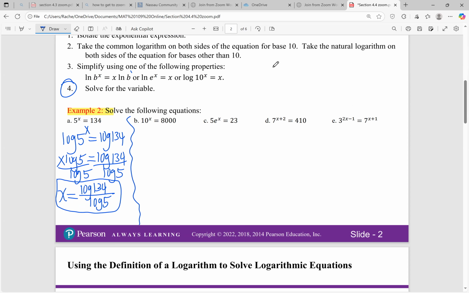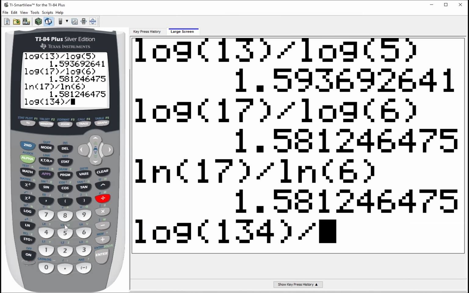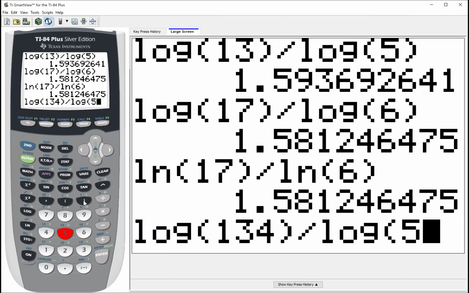This is ugly. If we plug this in the calculator, so I just want to show you, if you needed to get an approximate answer, we could plug it into the calculator and round. So if we plug this into the calculator, and I'll do it just for this one. So we want to take the log of 134 divided by the log of 5.